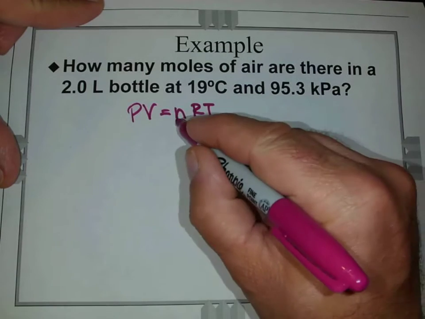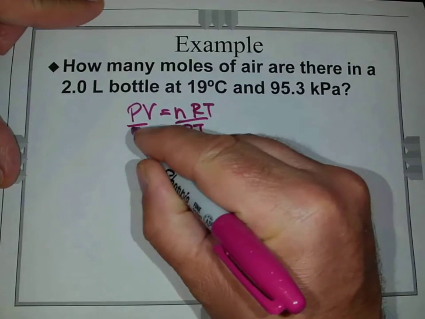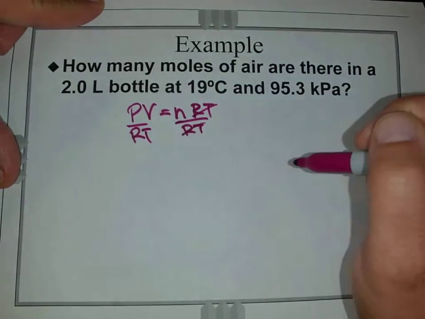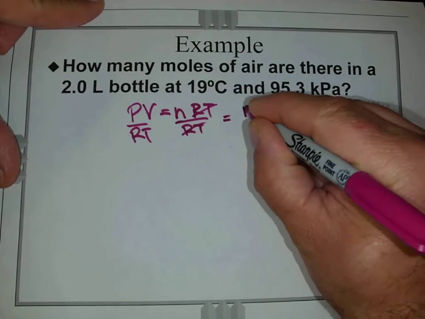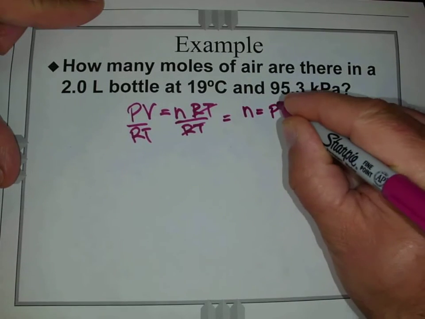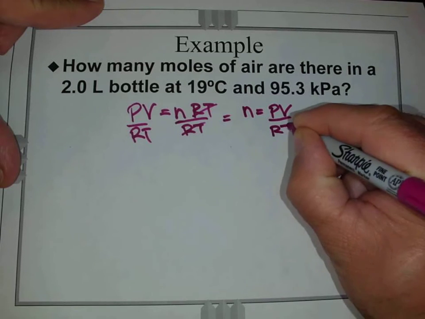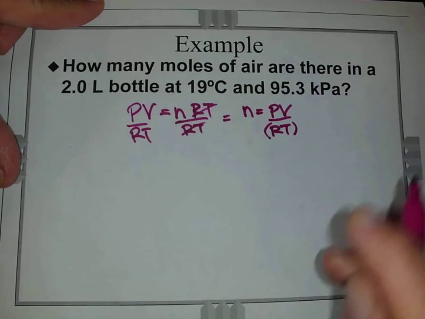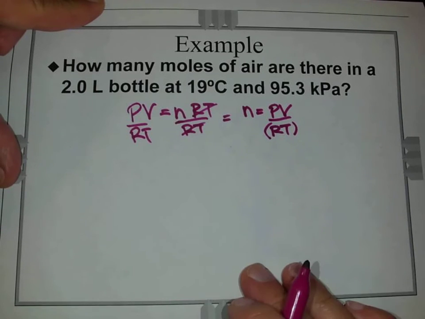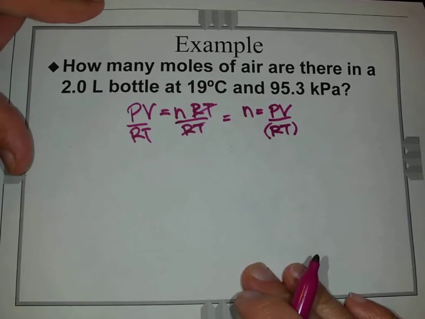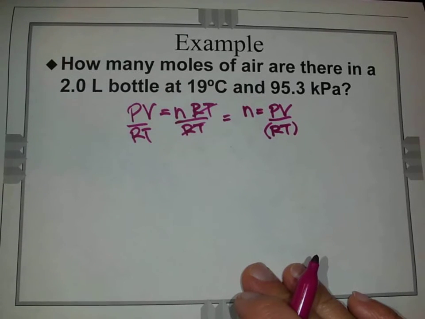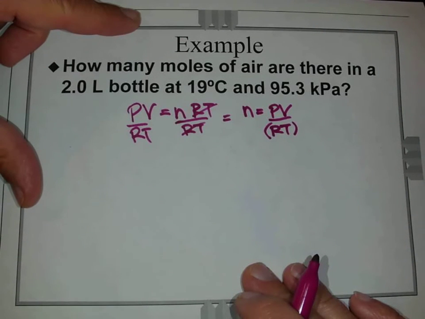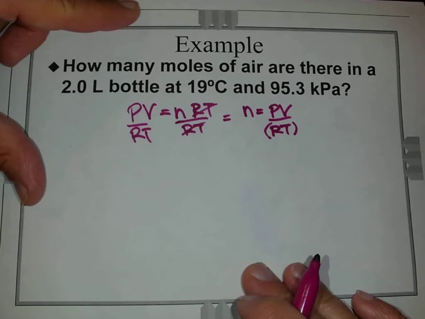So if we divide both sides by RT, RT goes bye-bye here, and we have n equals PV over RT. Now when you are actually doing the math, make sure that you multiply those two numbers first before you divide, or put them in parentheses in your calculator, or your calculator will just multiply PV, divide by R, and then remultiply by T, which we don't want.